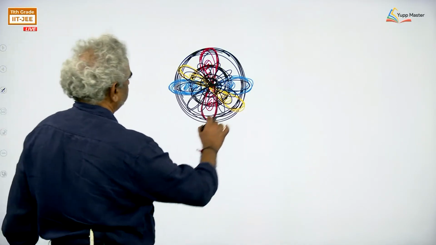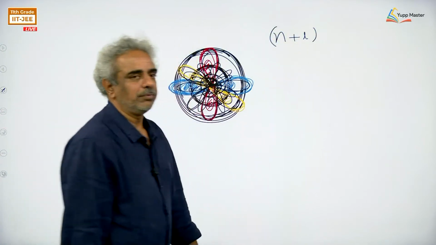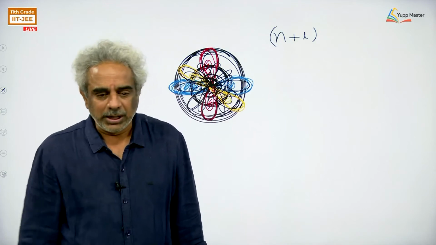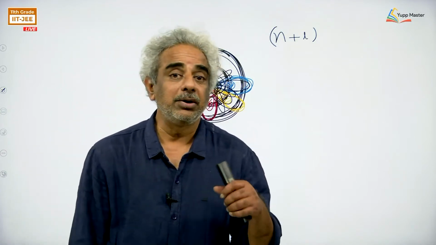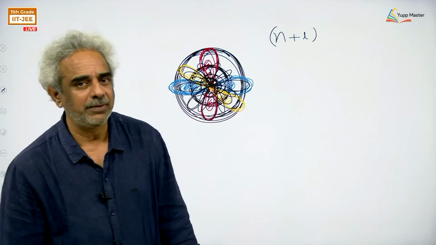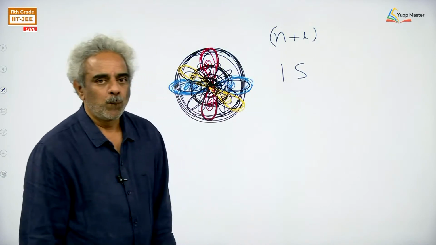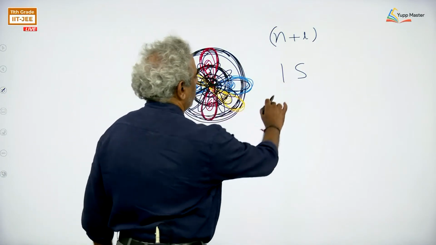So, how to get the relative energies of these orbitals? Actually, n plus L gives the relative energy of an orbital. Don't think it's an absolute energy, it's only relative energy. What is the energy of 1s? Relative energy. What is the n value? 1.